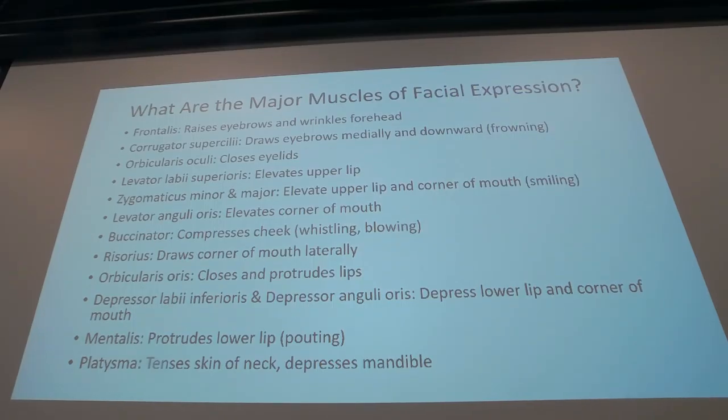Levator labii superioris. Levator means elevating. Labii means lips. Superioris, above, is the upper lip. It brings the upper lip up. It's hard to move that one. And then we have these two very important muscles, zygomaticus minor and major.